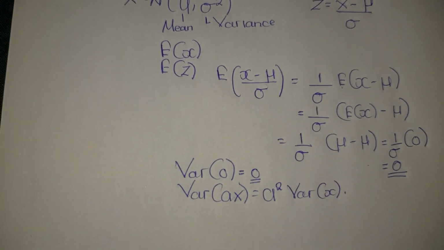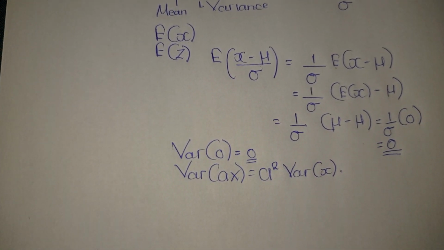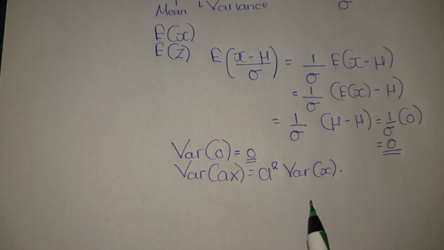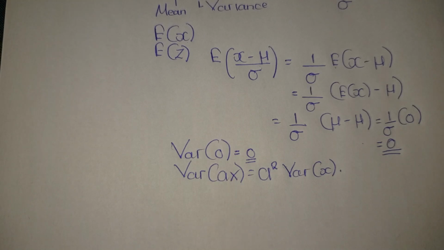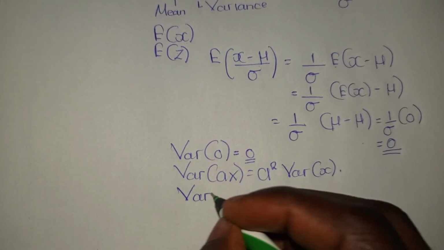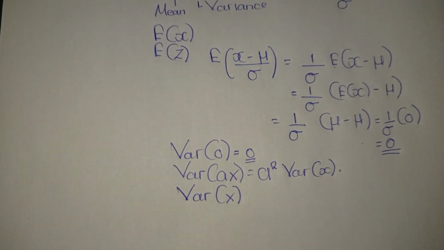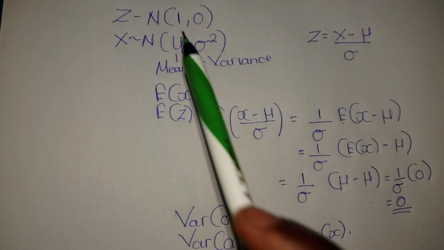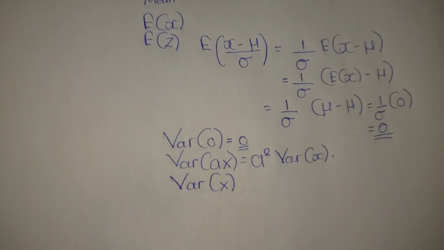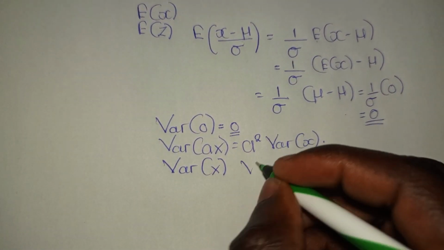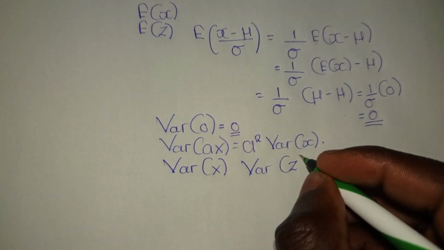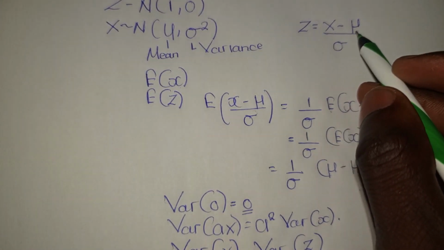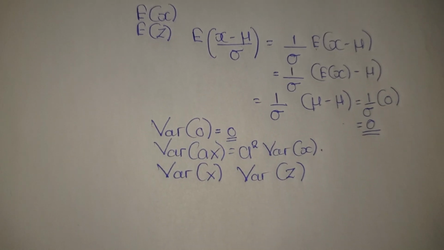Let us now solve. For the variance of Z, remember we said that Z is (X minus mu) over sigma.